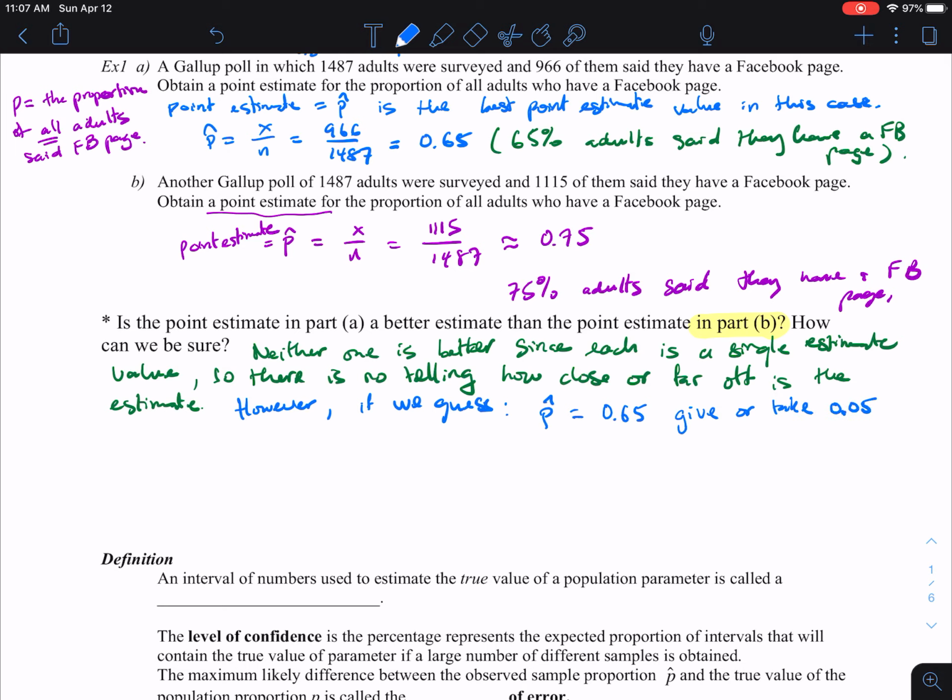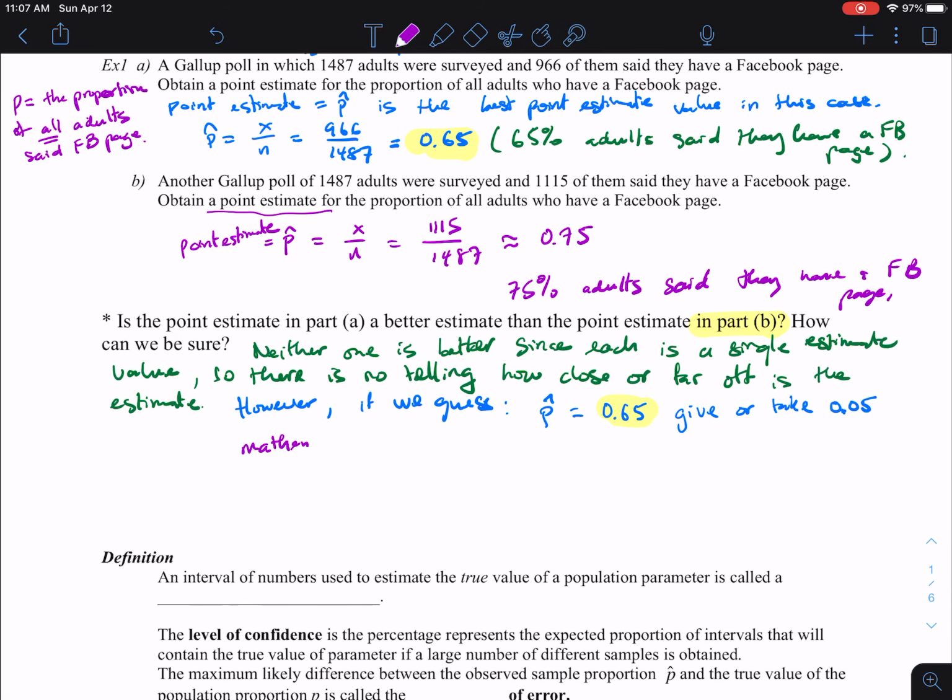So we're not going to say the p-value is 65%, but instead we say the p-value is around 65%, give or take 5%. What does that mean mathematically? Mathematically translating that sentence, it means that p is 0.65 plus or minus 0.05.